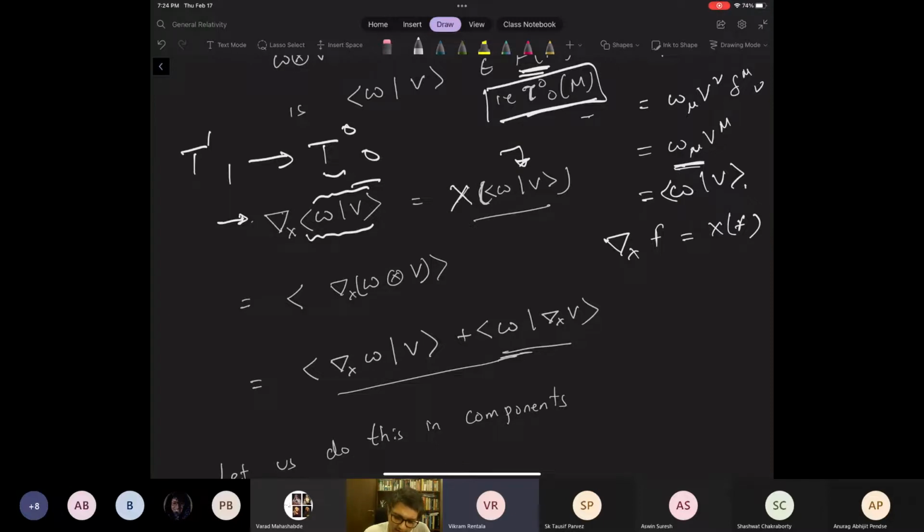But there's another way to evaluate this. I can take the inner product between W and V, this contraction, after I first act with the derivative on the 1, 1 type tensor. So first I take the derivative on a 1, 1 type tensor, and after that I contract the indices to reduce it to a tensor of type 0, 0.